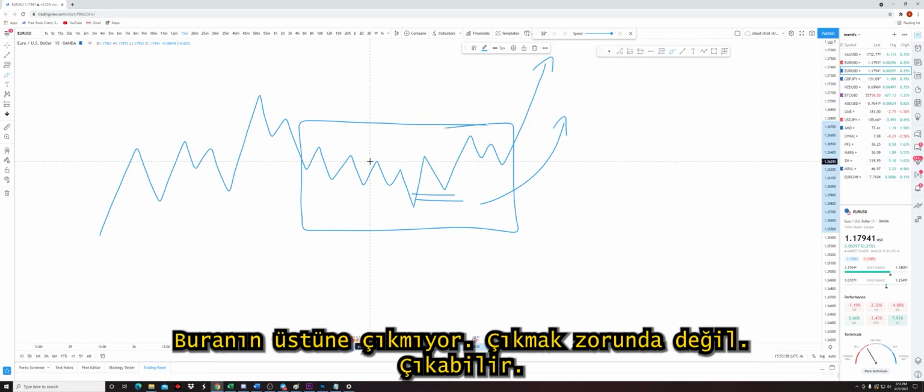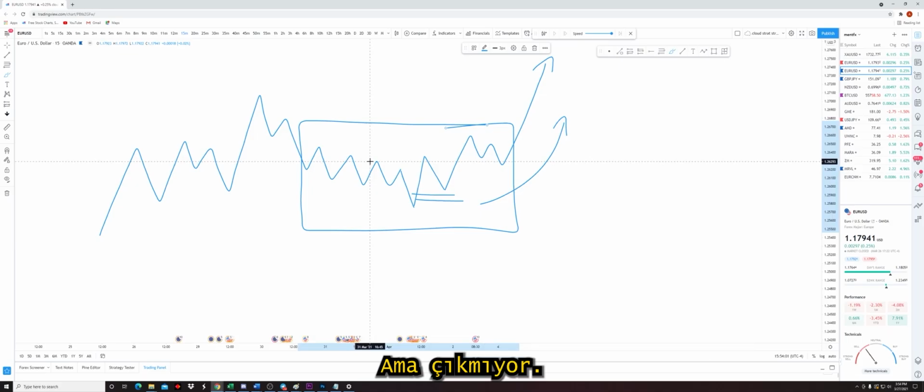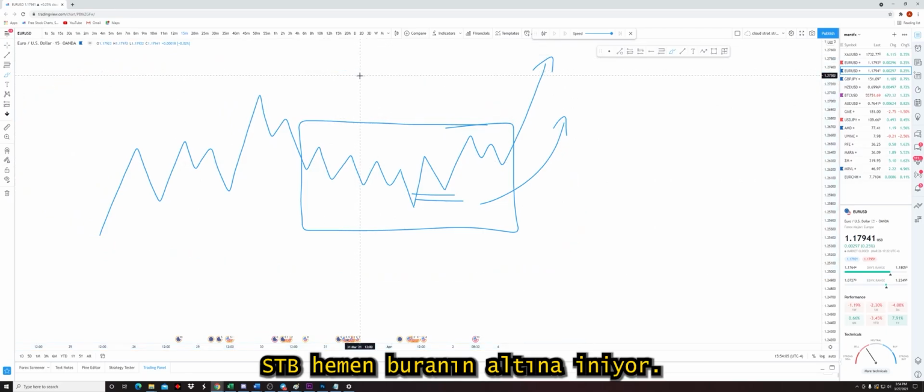Well, you'll see that we're actually undergoing a mini accumulation within the re-accumulation. What do I mean by that?